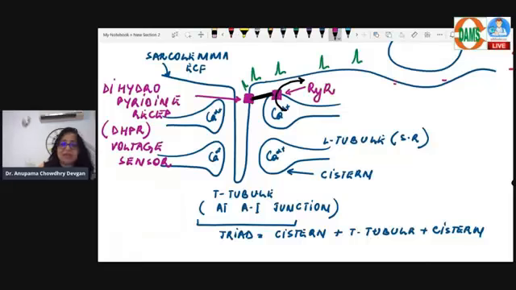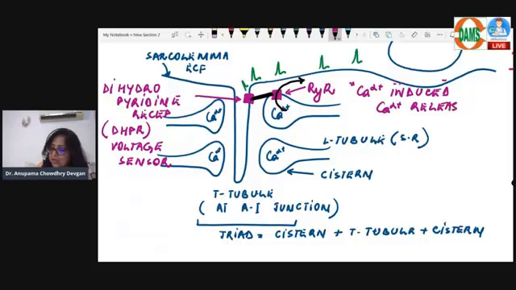As soon as calcium comes out of the sarcoplasmic reticulum, which is the L-tubule, on either side of the T-tubule, this calcium will bind with more ryanodine receptors and cause further release of calcium, which is known as calcium-induced calcium release.